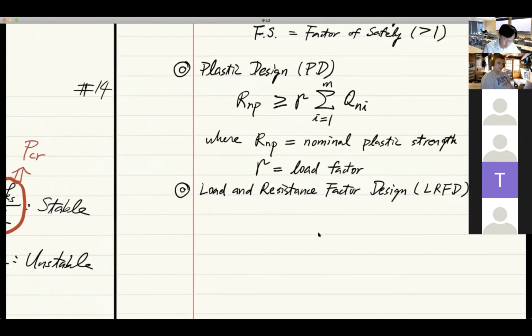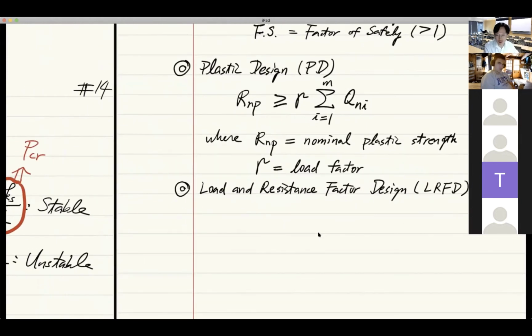So how do we preserve the margin of safety in your design? It is by doing both. You reduce material strength by using this factor phi, and then you also amplify your loading: the summation from i equals 1 to m of gamma i times Q n i.